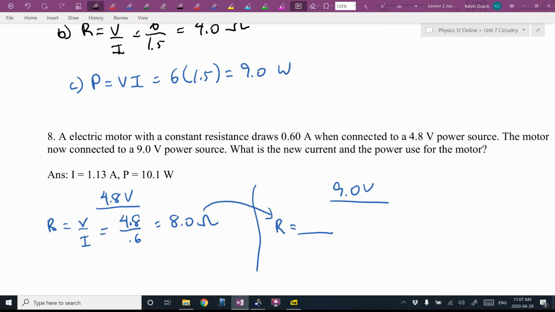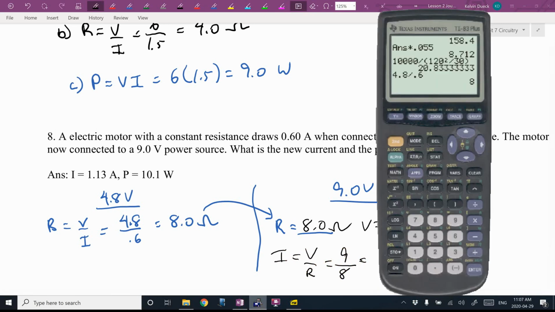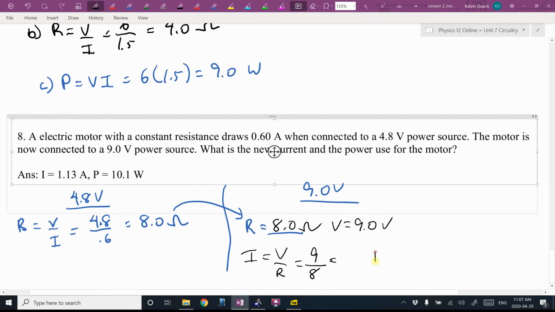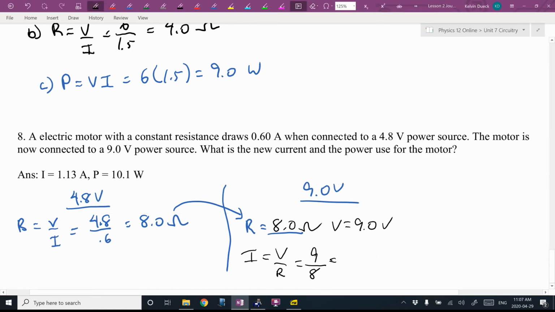The new current and the new power used. So I still have V equals 9.0 volts, but I also know that if I know 2 things, I can find all 4 things. Current is going to be V over R, which is 9 divided by 8. 1.125 amps.